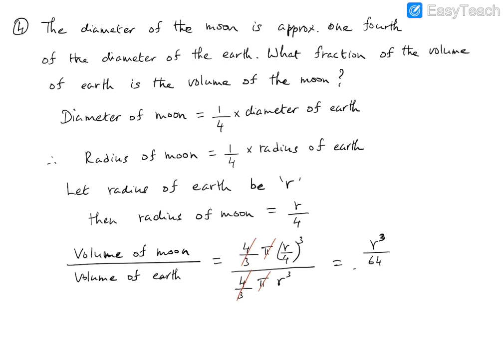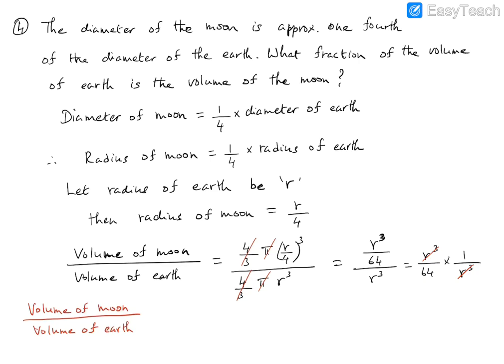So r cube by 64, divided by r cube in the denominator, so we can rewrite this as r cube over 64 into 1 upon r cube. Now the r cube and r cube terms will cancel out, so we are left with just 1 upon 64. So basically what we are getting is the ratio of the volume of moon to the volume of earth is 1 upon 64.